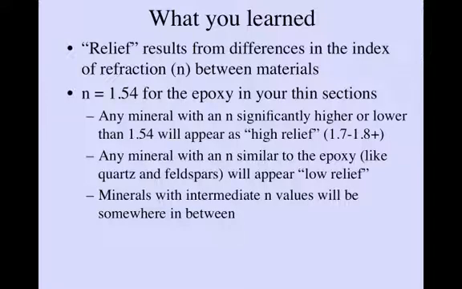Any mineral with a refractive index significantly higher or lower than 1.54 will appear as high relief. Any mineral with a refractive index similar to the epoxy, like quartz and feldspars, will appear as low relief. And there are a whole range of refractive indices in between those values that will give you an intermediate kind of relief.